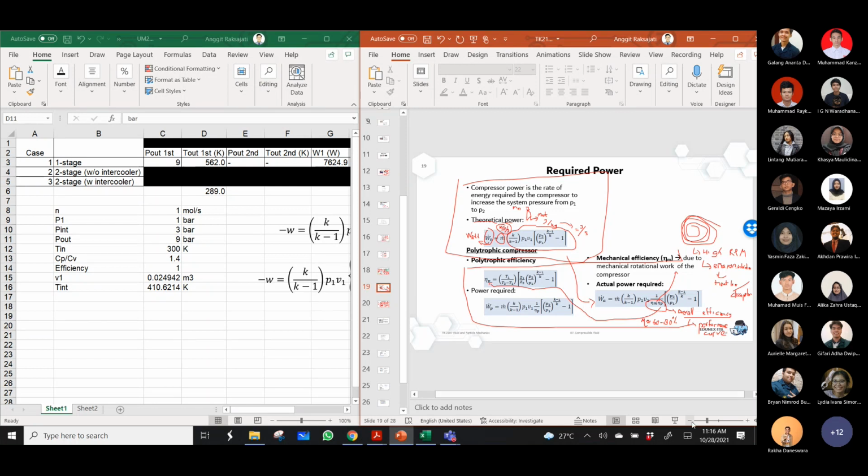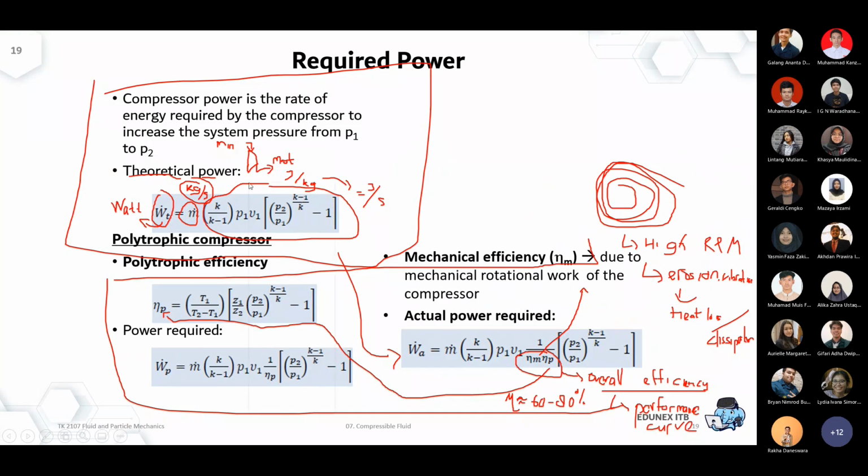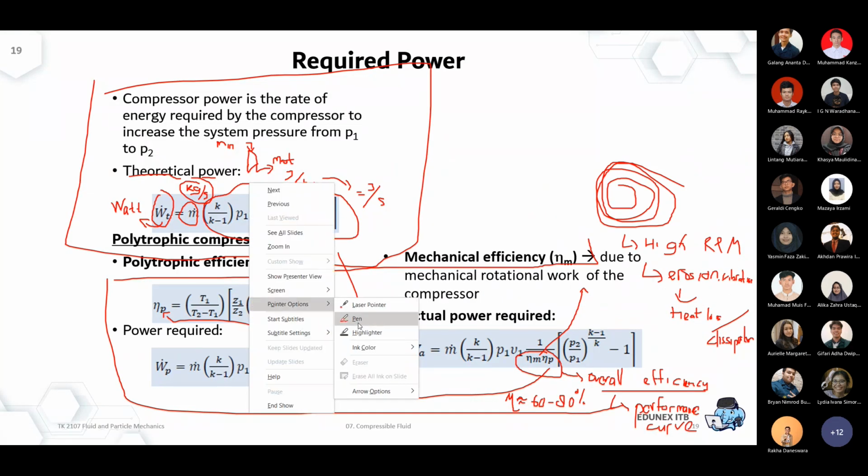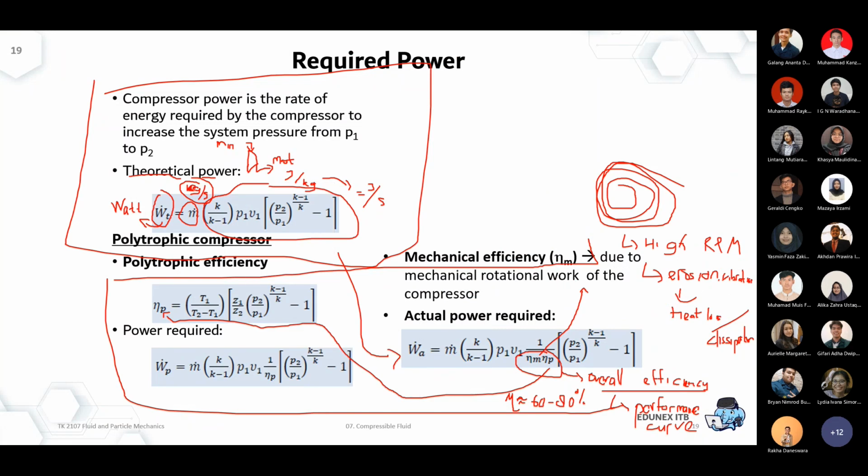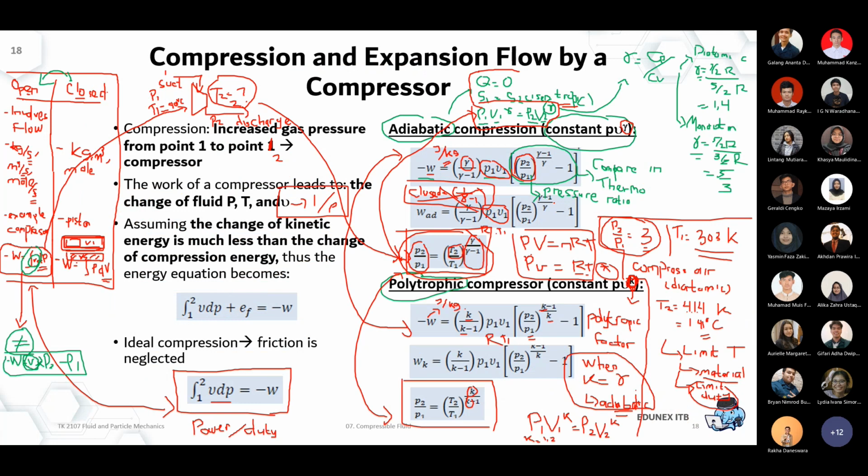Okay, how can I fix this? That should be mole per second. So that's now joule per mole. Everything in this slide should be in joule per mole, not joule per kilogram.